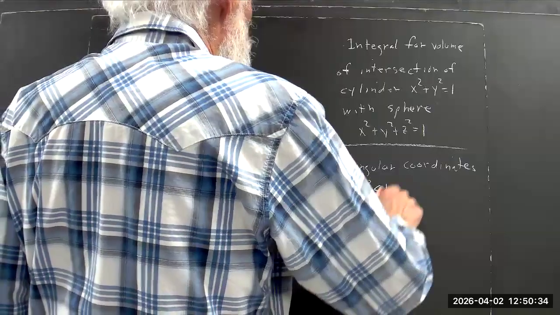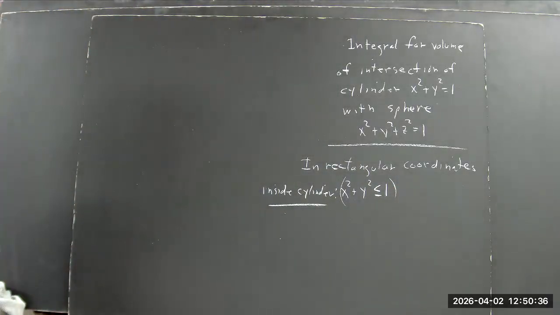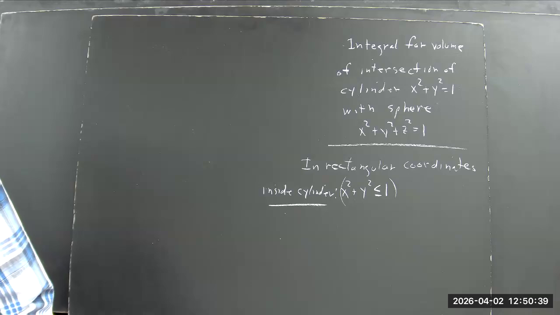So inside the cylinder, x squared plus y squared is less or equal to 1.